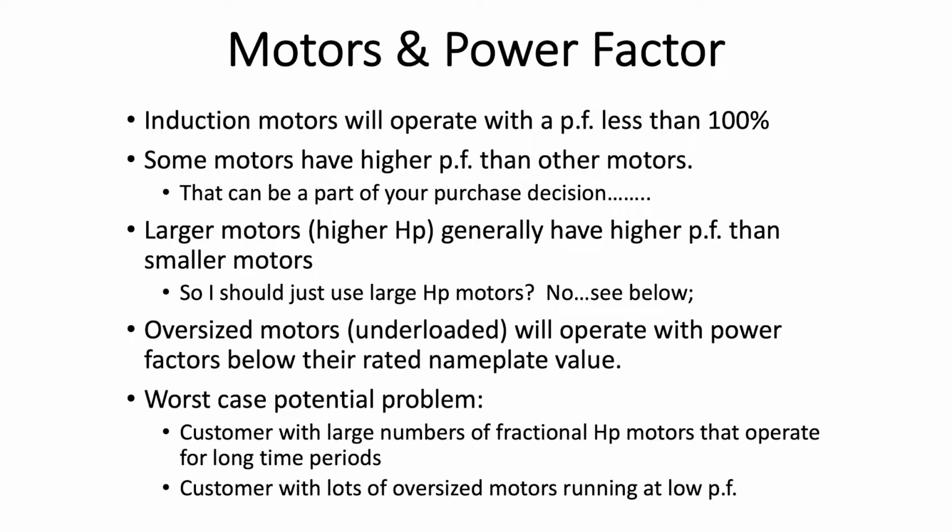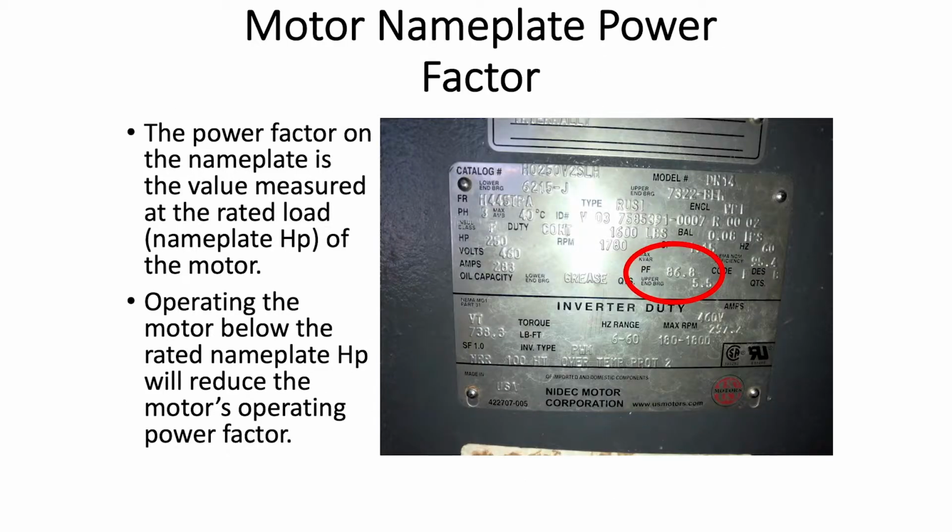My worst case potential problem in a plant: customers with large numbers of fractional horsepower motors that operate long time periods, and they've oversized their larger motors. There's your customer that can have a really, really bad power factor in terms of if they haven't done anything to attack that yet.